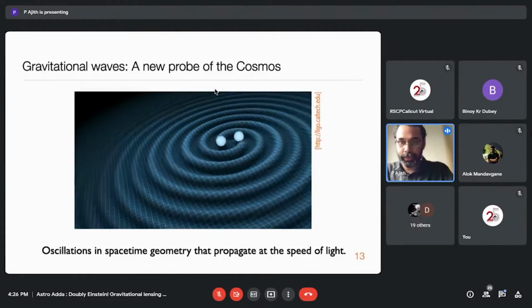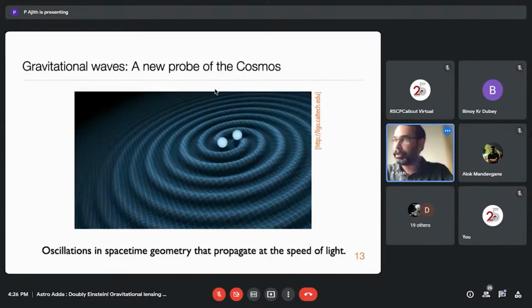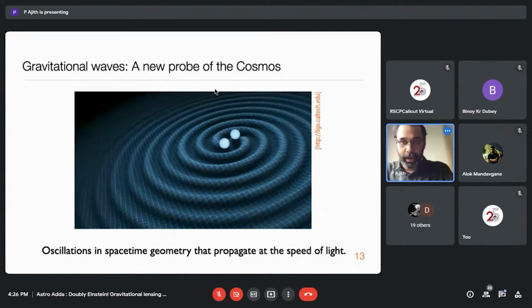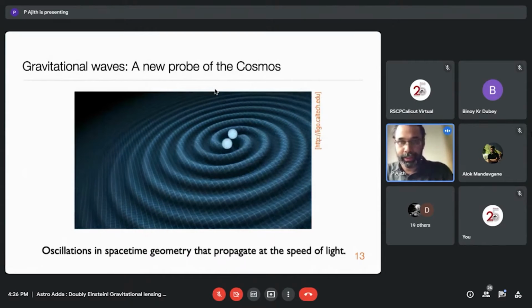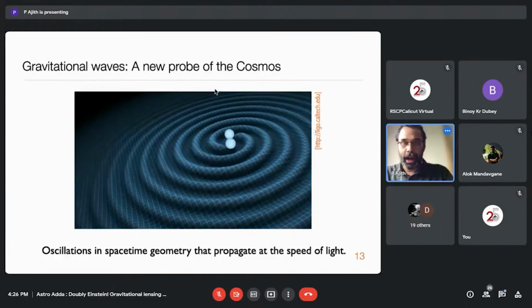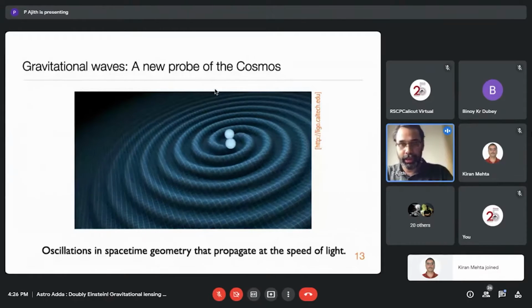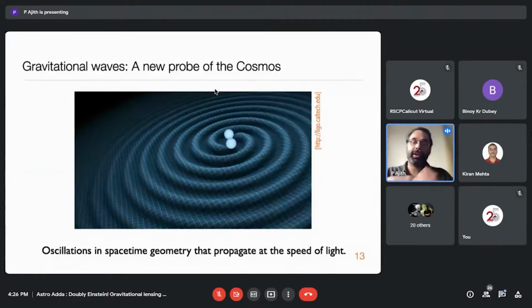Gravitational waves are produced by massive objects in space-time moving with very large velocities. For example, this is again an animation, a purely artistic impression, that shows how the space-time curvature would change when two massive objects, like two stars, move around each other.